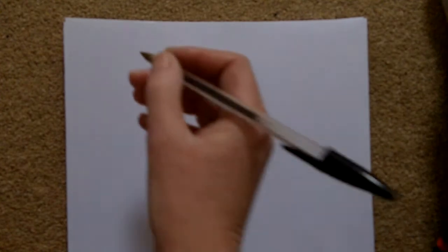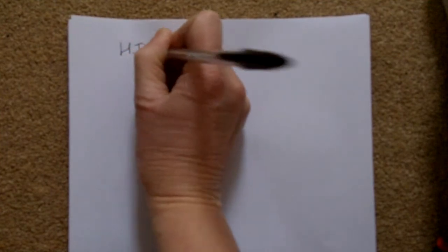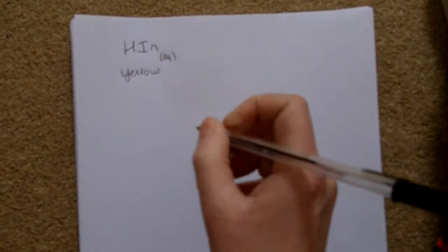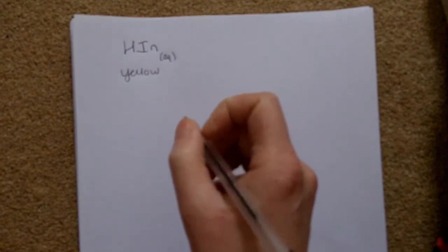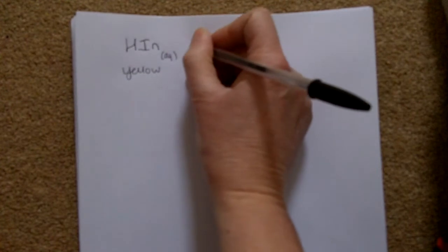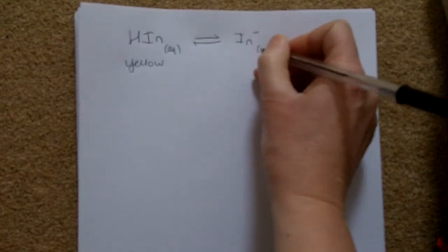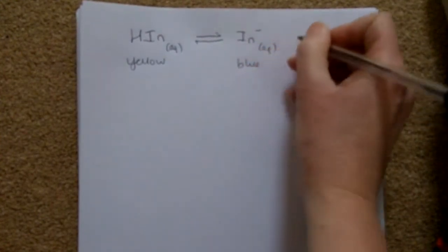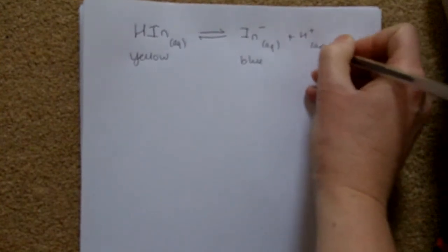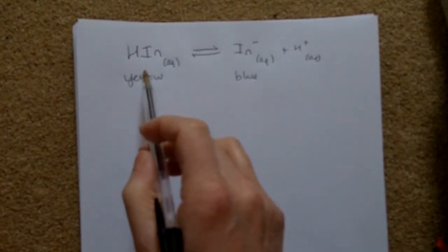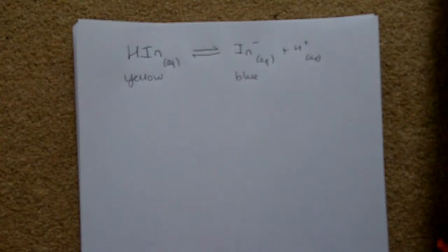Okay, so when the indicator bromothymol blue, which can be expressed as HIn in the formula, and that's the colour yellow, dissolves in water, the following dynamic equilibrium is set up.